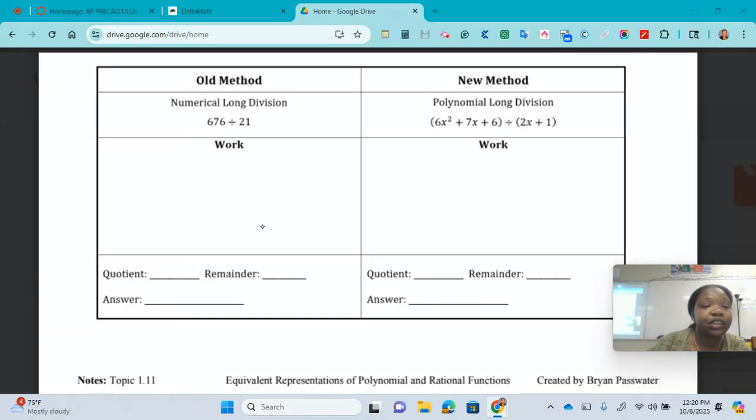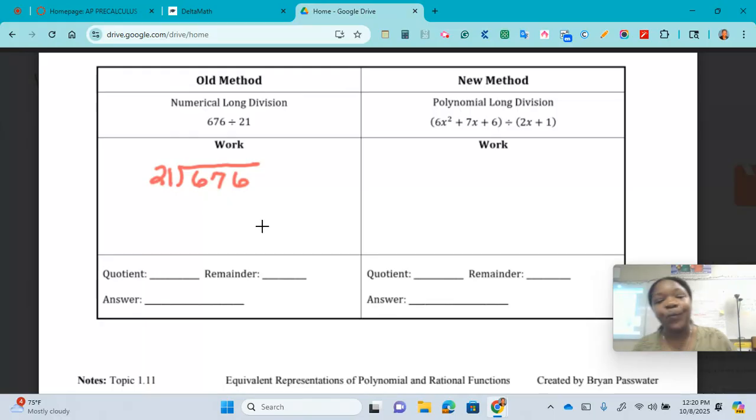So if we had 676 divided by 21, that old method, back in my day, we did it this way. Back in the old time when we just had two numbers, we had to think of how many times 21 goes into 67, and that is 3 times. 3 times 21 is 63.